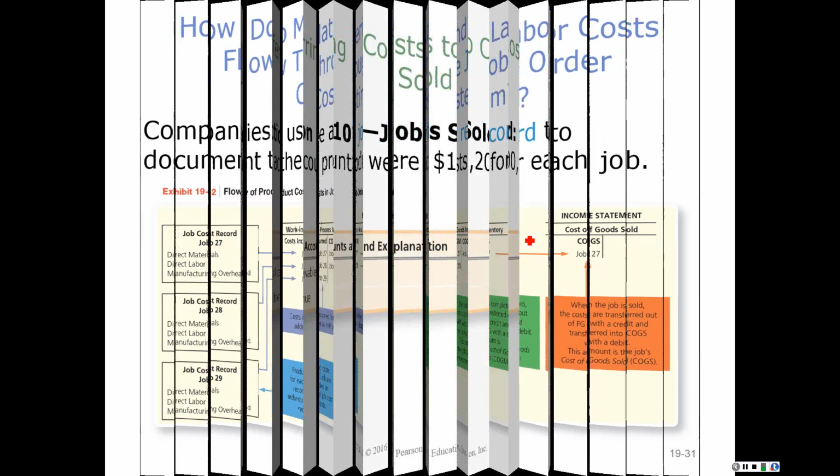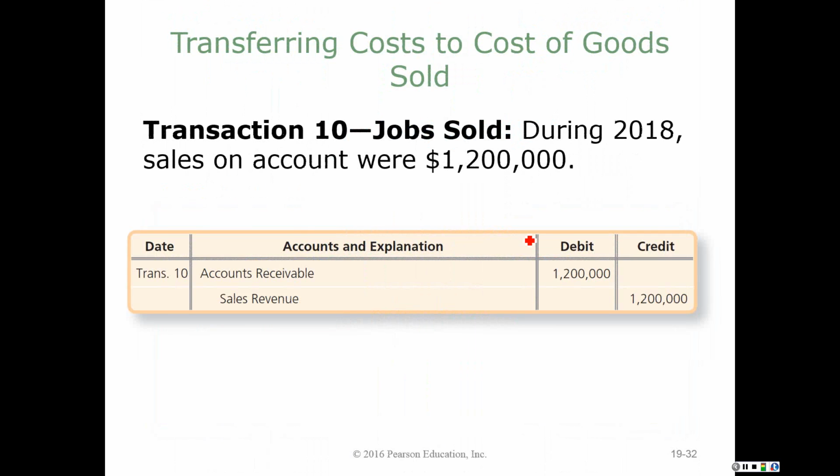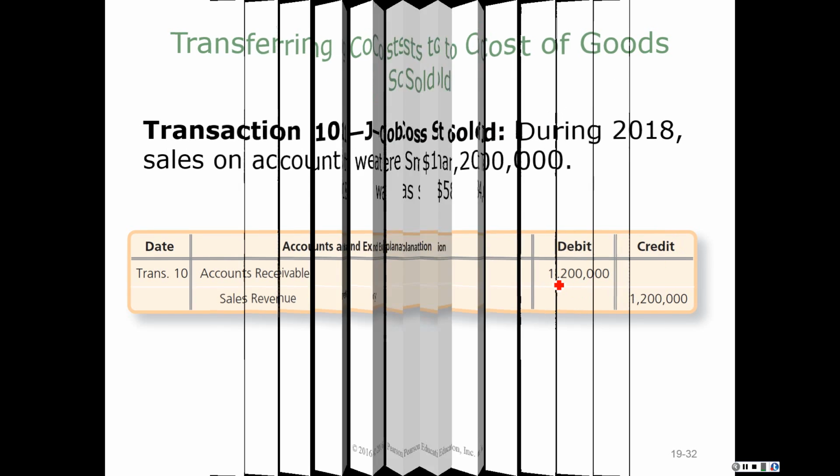Okay, so what happens when we sell them? Back to some of the original debits and credits that you did in Principles 1. We have sold our products, so we have sales. Remember, revenue and sales are a credit. So we credit sales for $1.2 million. We debit accounts receivable or cash, whatever we happen to be collecting as a result of this sale.